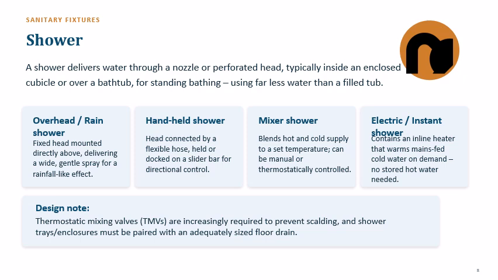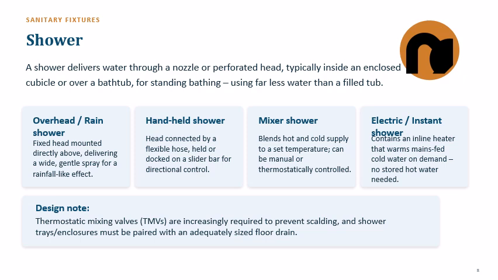In the overhead or rain shower, it will be a fixed head mounted directly above, delivering a wide, gentle spray for a rainfall-like effect. In terms of the handheld shower, the head is connected by a flexible hose, held or docked on a slider bar for directional control.